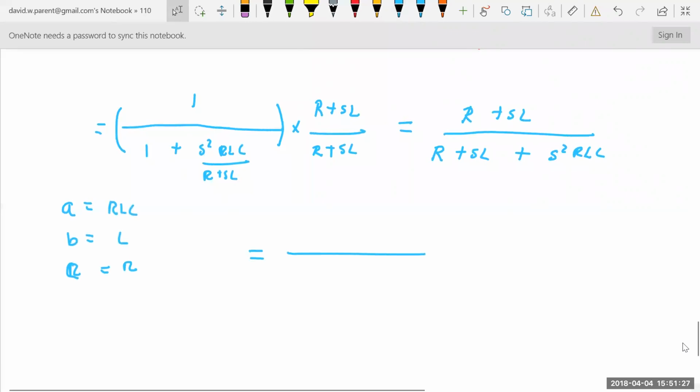So what I want to do is pull out the RLC, and I'm just going to rearrange it. If I pull out an RLC, it's going to be S divided by RC plus, I pull out an RLC, that's going to be 1 over LC. Then I have R plus SL.